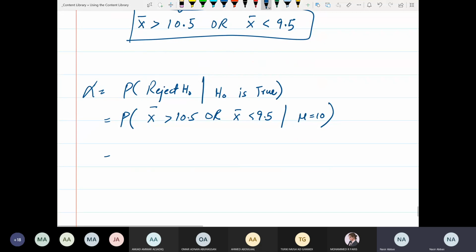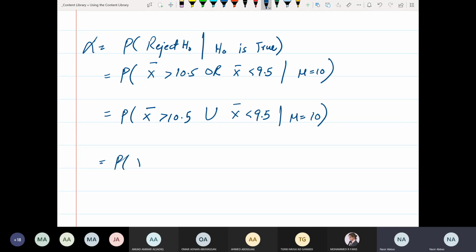The "or" will become a union, yes? Yes or no? Yes. So for the union, I'll use the addition theorem and open it.